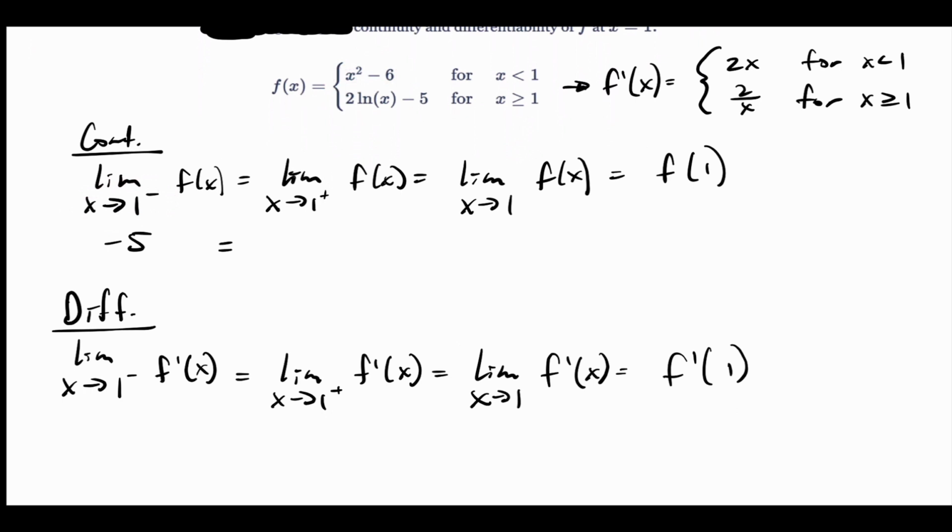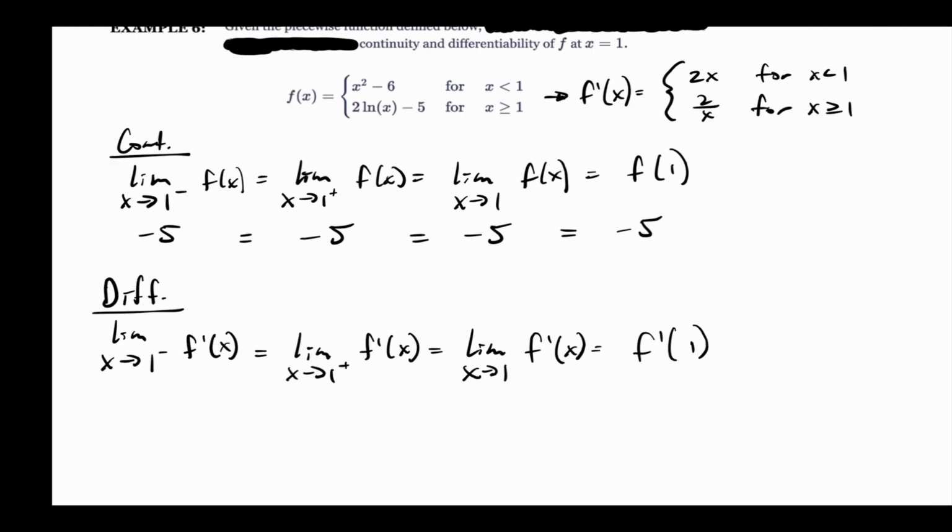If I plug in 1 to the bottom, I get natural log of 1 again. Here I get natural log of 1, 0, times 2 is 0, minus 5 is -5. So both of those guys are equal. That means that guy has to be equal. And to get f of 1, I would just plug it into the bottom, which I've already done. So we know it's continuous.